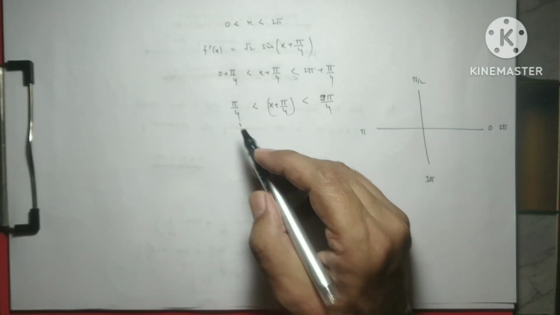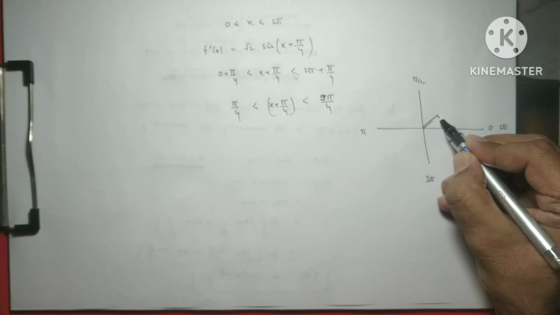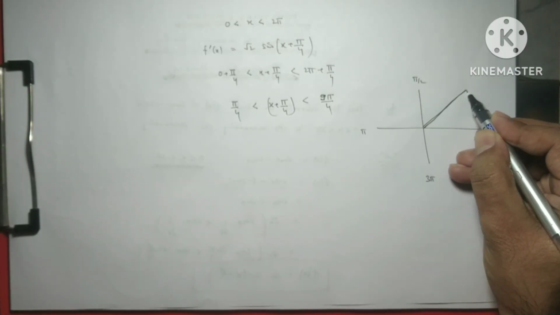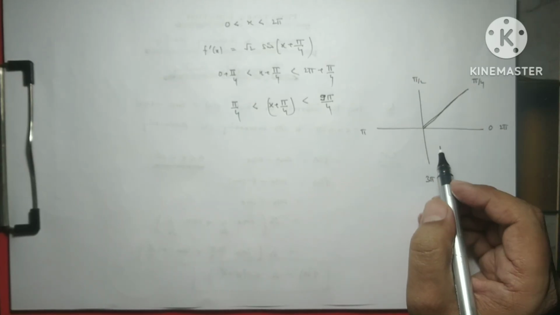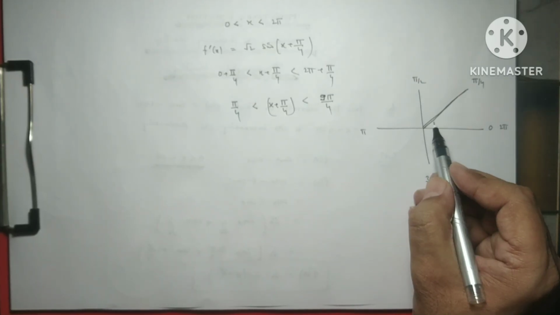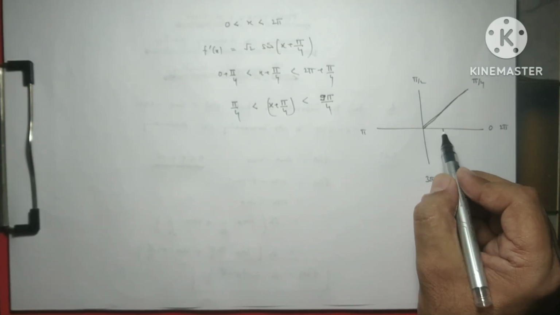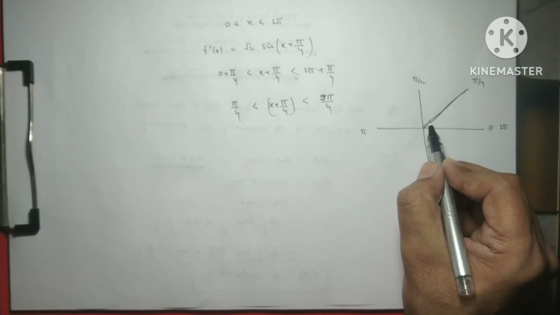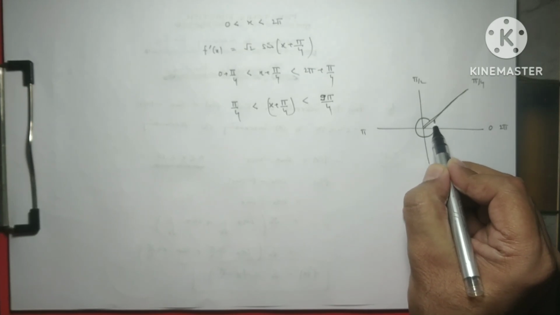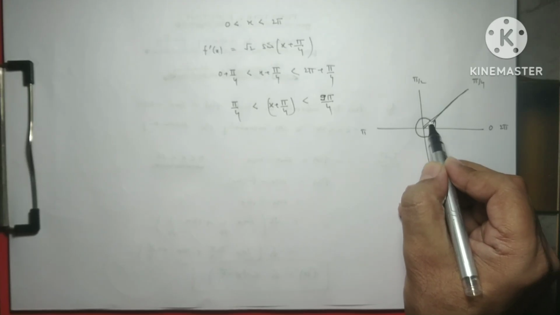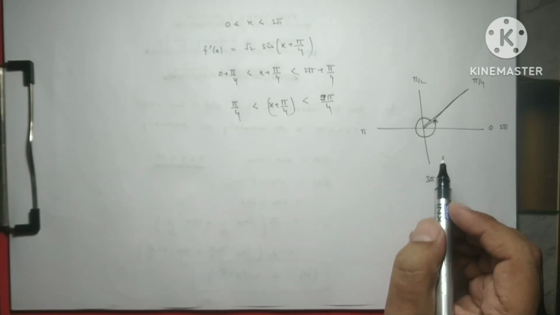But we will start from pi by 4 and go up to 9 pi by 4, meaning 2 pi plus pi by 4. So our range is this. We will start from this and go up to this.